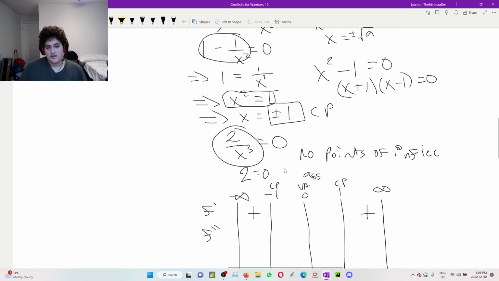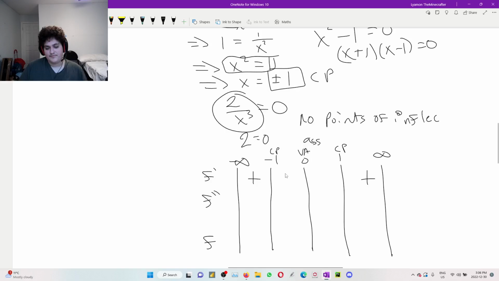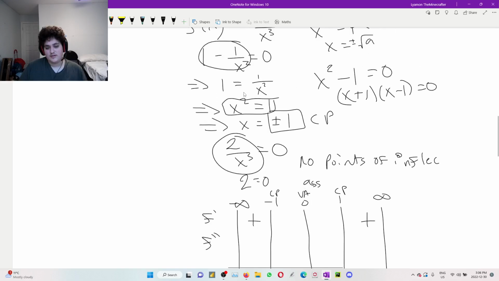So if you plug in a point close to 0, then this is going to be small. So this is going to be big, so it's going to be negative, right?